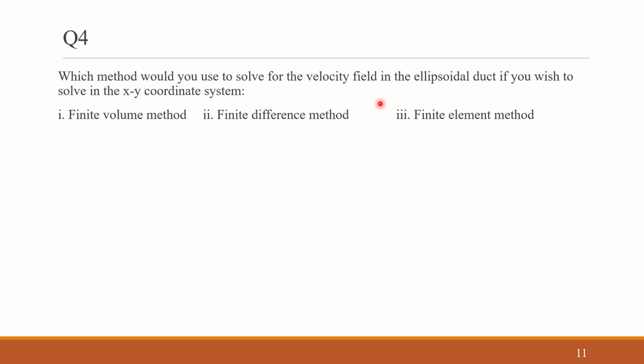So we'll look at the options once. Option A is 1 only, option B is only 2, option C is 1 and 3, and option D is 2 and 3. So the answer is option C.